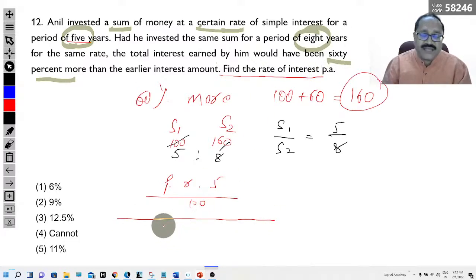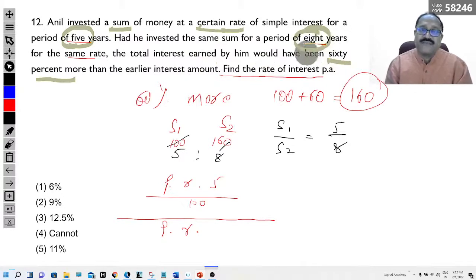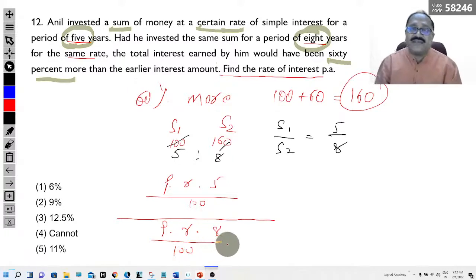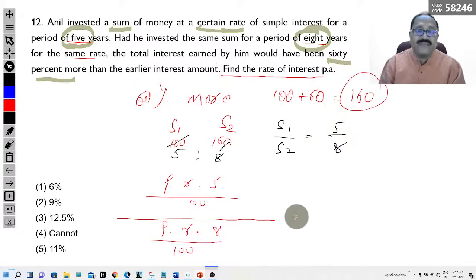The interest in the second case is P into R, the rate of interest remains the same, and the time is 8 years. Earlier the time was 5 years. Here the time is 8 years. So into 8 by 100. So this is PRT by 100, the second interest. So interest 1 by interest 2, what ratio? They are in the ratio of 5:8. So which is equal to 5 by 8.